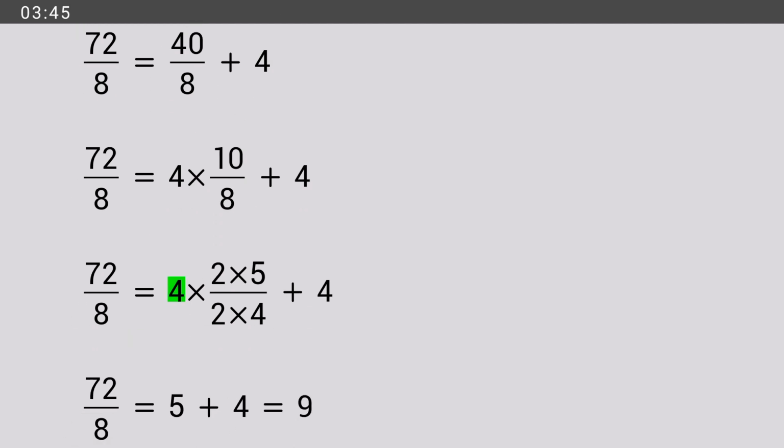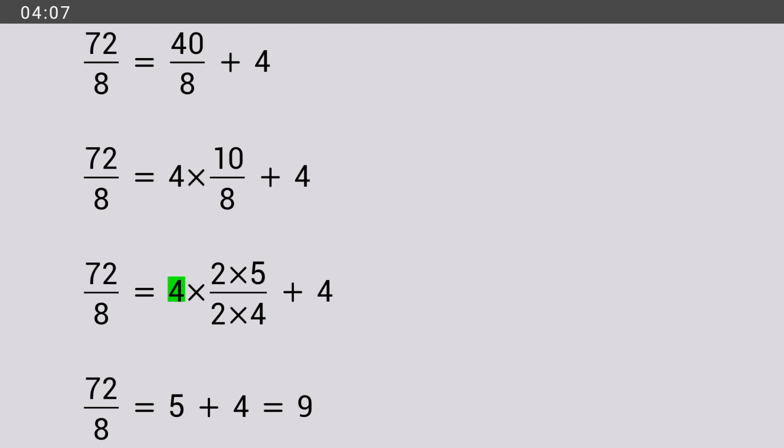Then 10 over 8 can be expressed as 2 times 5 all over 2 times 4. So we look at the highest common factor of 10 and 8.